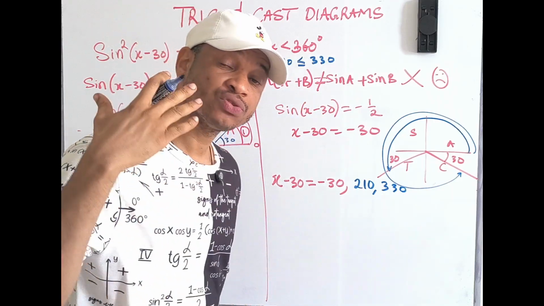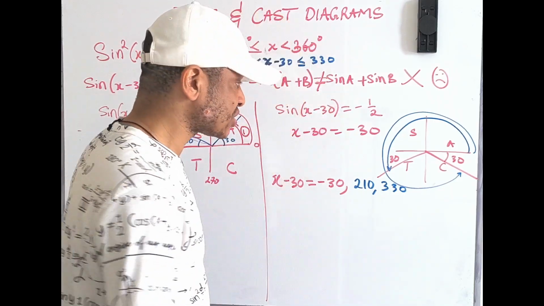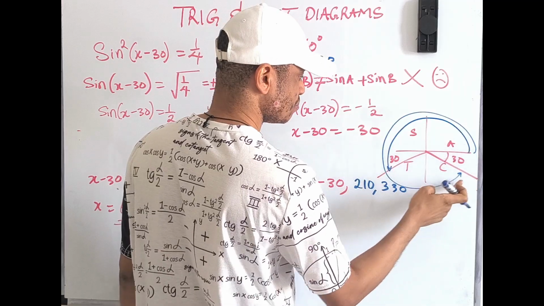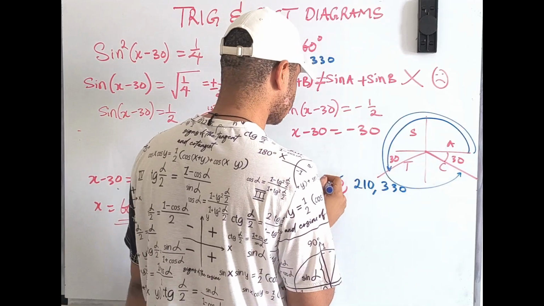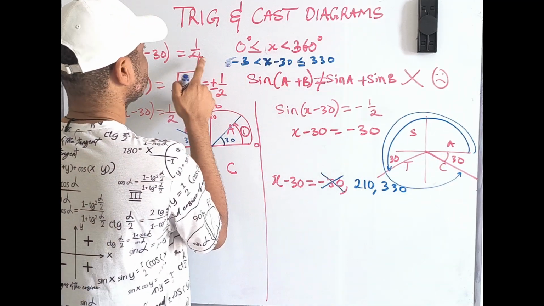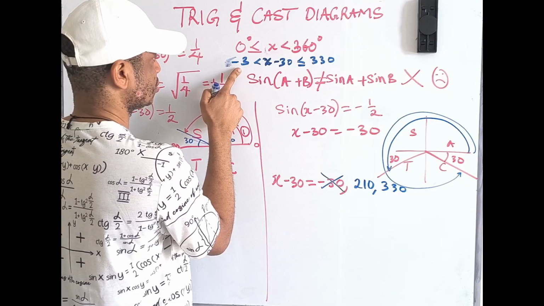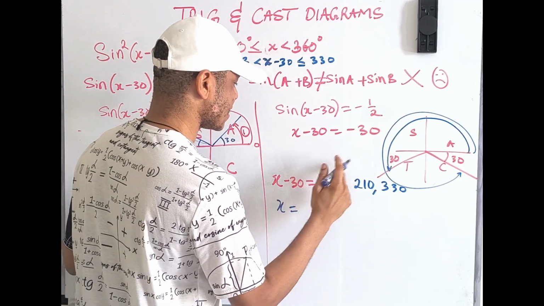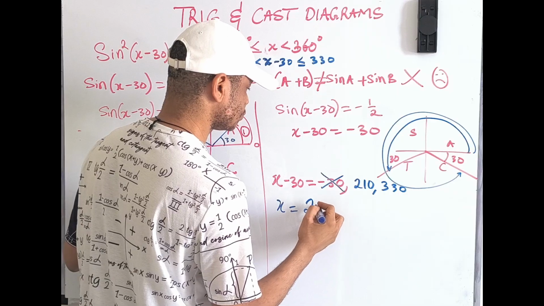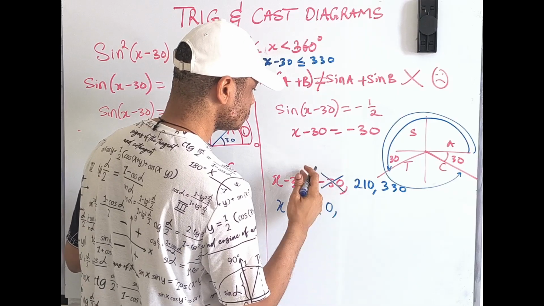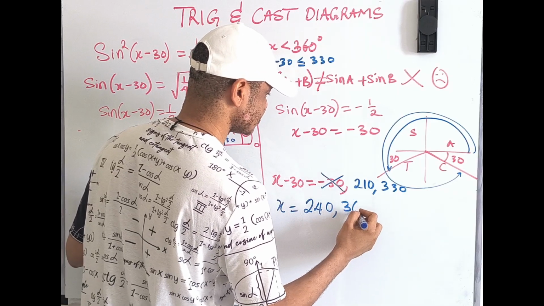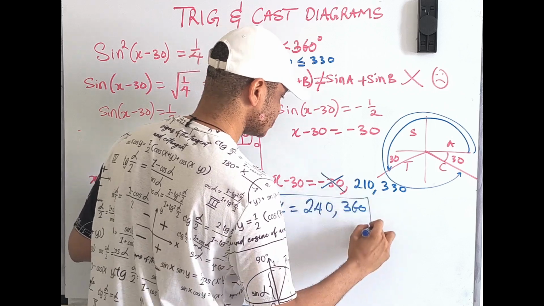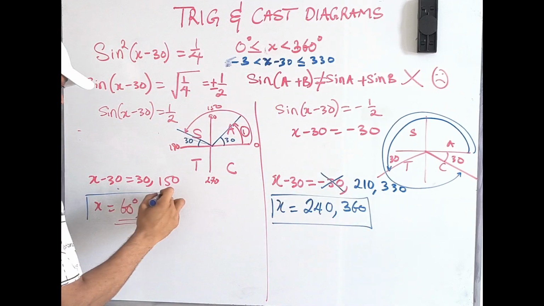Okay, if I were going in the other direction, minus 30 will be there, minus 150 will be there. So this is not there because it's not in the range. So x will be 240 and 360. So these are my answers.